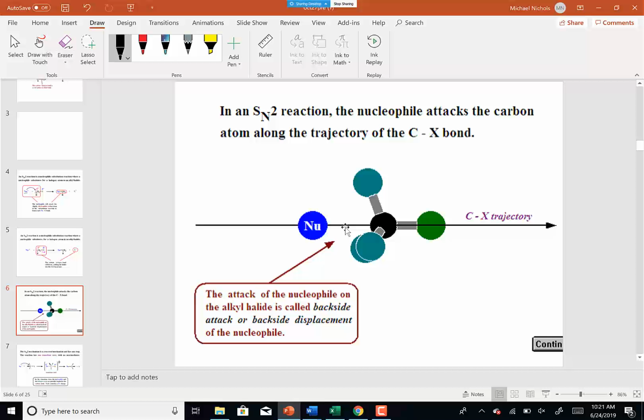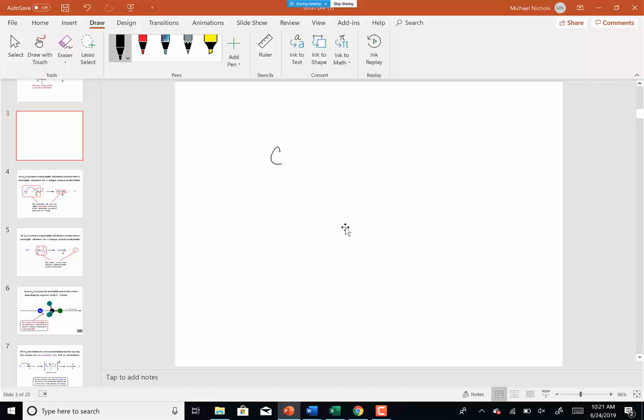You could think of, and I'm going to jump back here for a moment, that the nucleophile comes in and it attacks from the backside of that carbon, kicking off the halogen. That's what's called backside attack.